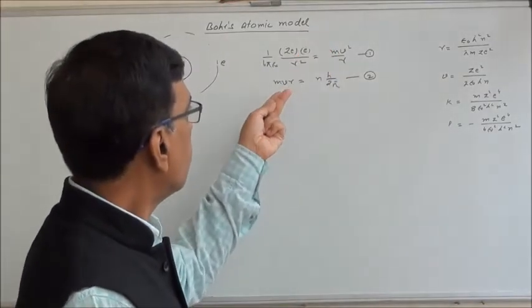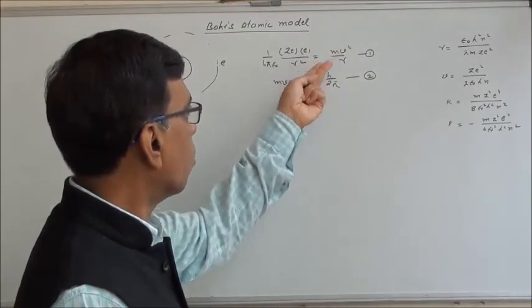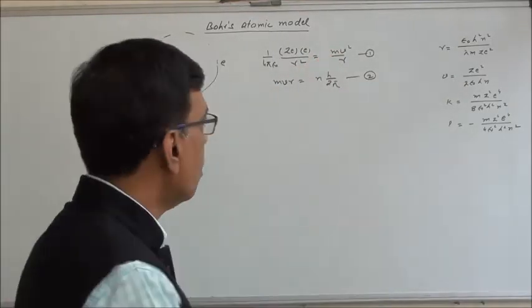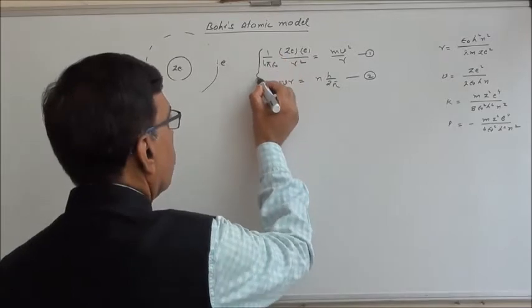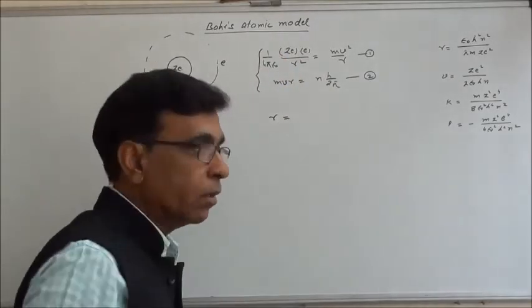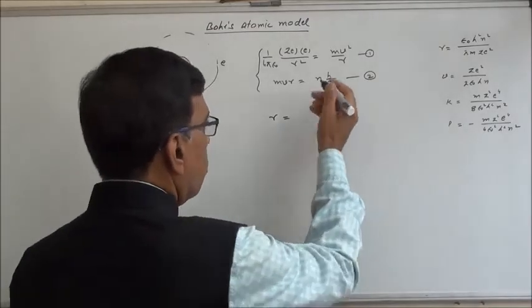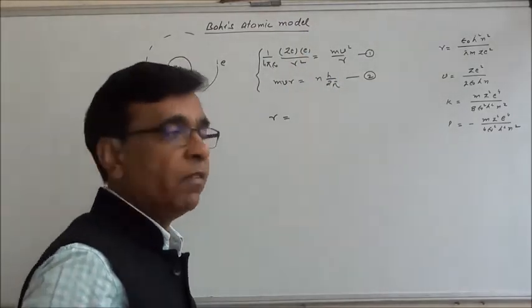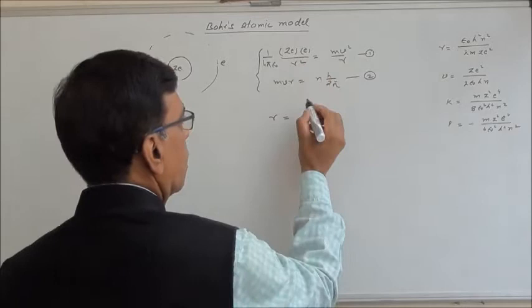Substitute these. You can substitute V from here to here or R from here to here, whatever way. We have to find out the values of R and V. You can do these steps, I am leaving that part. Just substitution, nothing else.